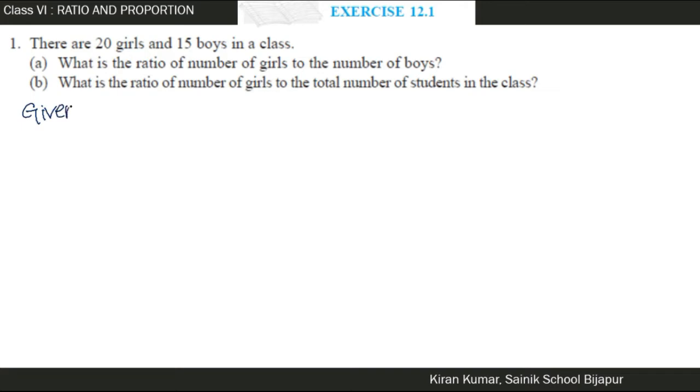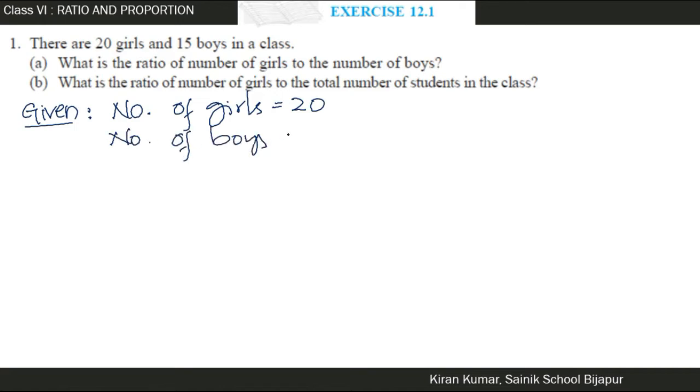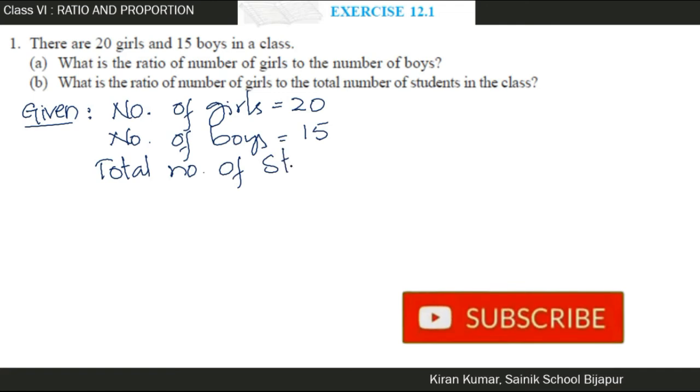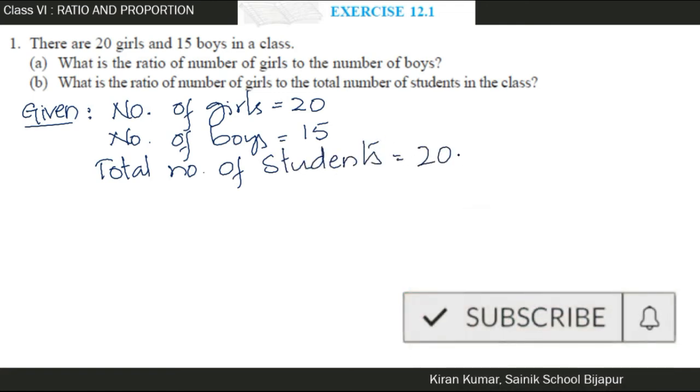The number of girls is 20. The number of boys is 15. So we can find the total number of students in the class. The total number of students will be 20 added to 15, which is 35.